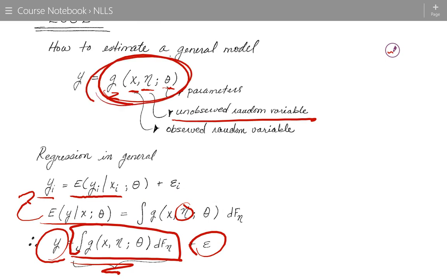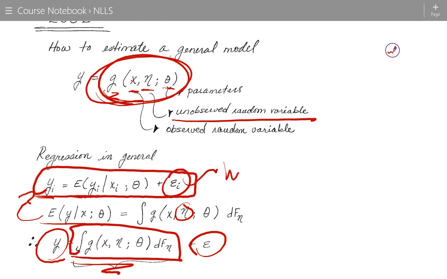Because it's filtered through this nonlinear function of x, that doesn't therefore mean that the regression error over here is homoscedastic. This may still be heteroscedastic, so you need to evaluate the regression error for heteroscedasticity regardless of the fact that you have specified the unobserved variable in the function g as being homoscedastic. Just a reminder.